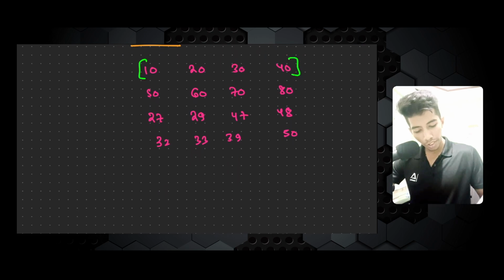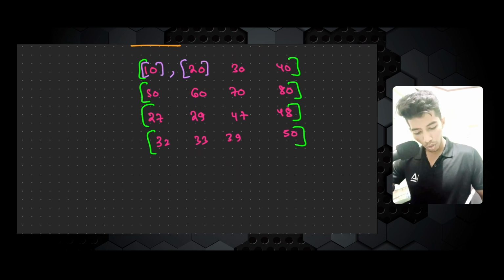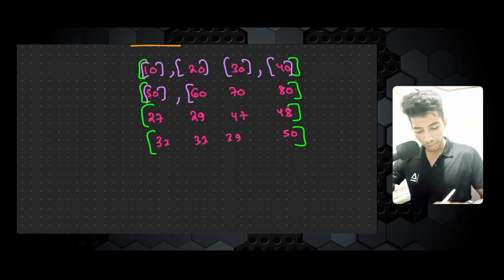We are considering this as a row, this as a row, and inside these are the columns. Okay, these are the columns. You can see it in a way. It's not exactly like that, but you can see it in a way. These are the columns. So this is your i.